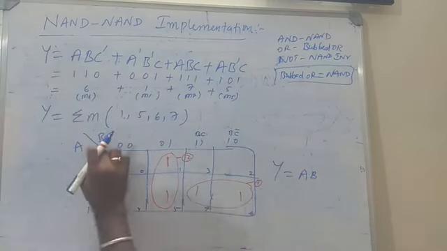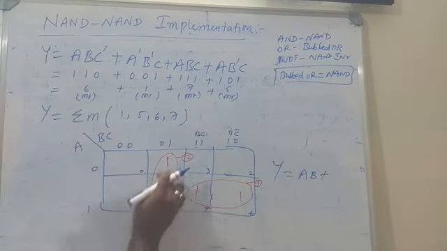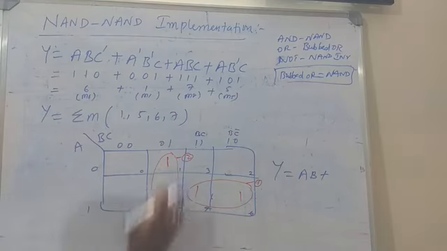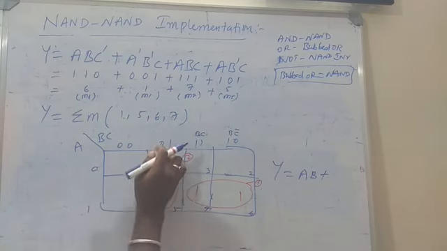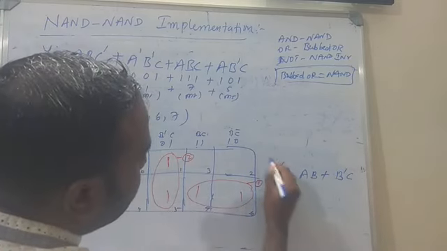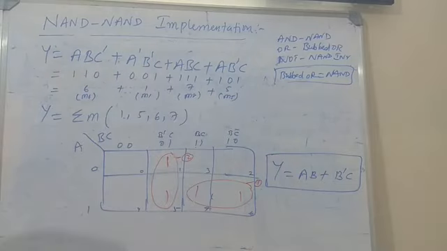So A B plus. For the other group, row wise there are 2 variations, not possible, so check only column wise. Here it is 0, indicating B bar, and C. So B bar C is the final simplified expression for the logical equation. Now the first step is over.